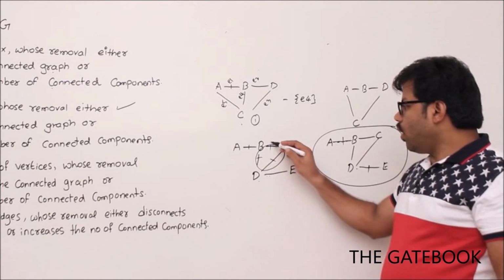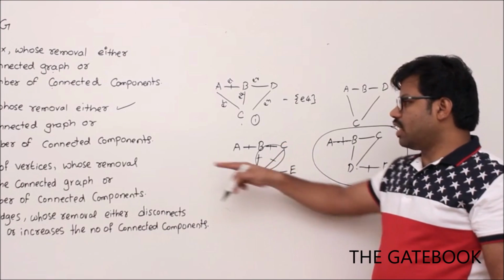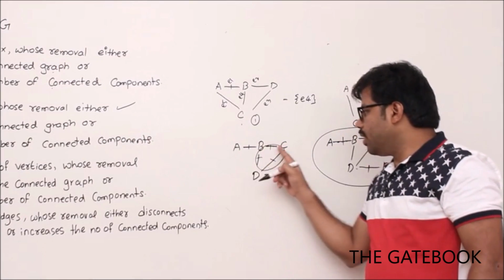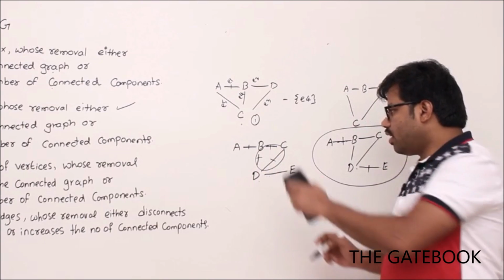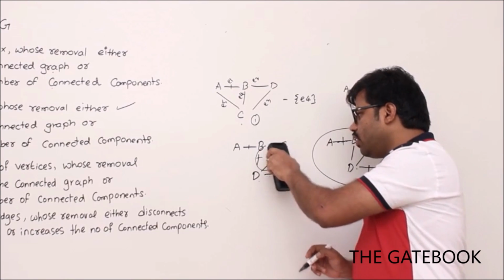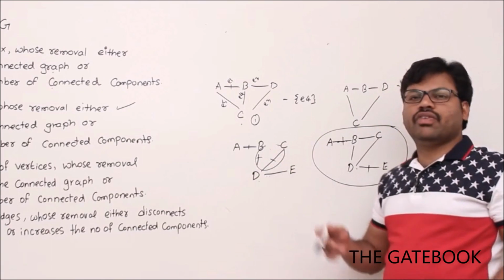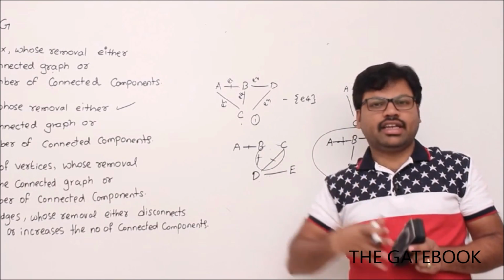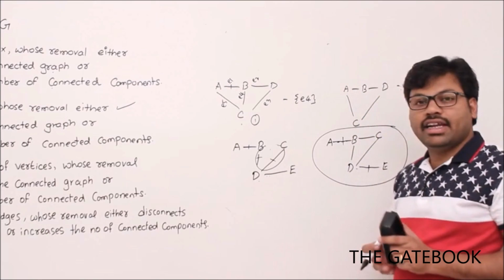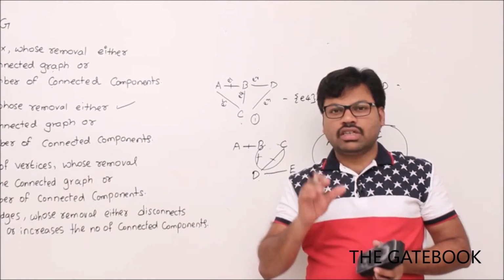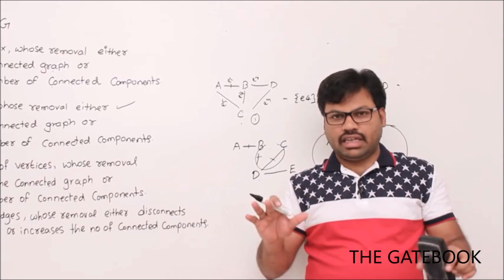That's why no cut edge, no bridge, will be on a cycle. Whenever an edge is on a cycle, its removal cannot disconnect the graph because you will have an alternative path between every two vertices on that cycle. Okay, so from now onwards, remember: a cut edge cannot be on a cycle.